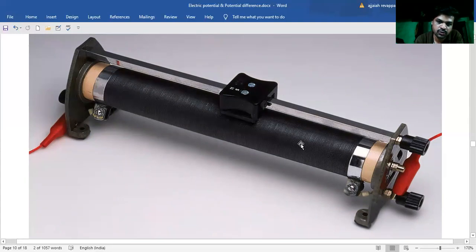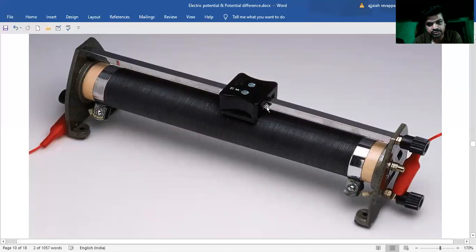As we go from terminal A to terminal B, the resistance goes on increasing to 500. There is a contact maker, a sliding contact. I can move this sliding contact from one terminal to another terminal. So if I move it gradually to the other terminal, resistance increases.